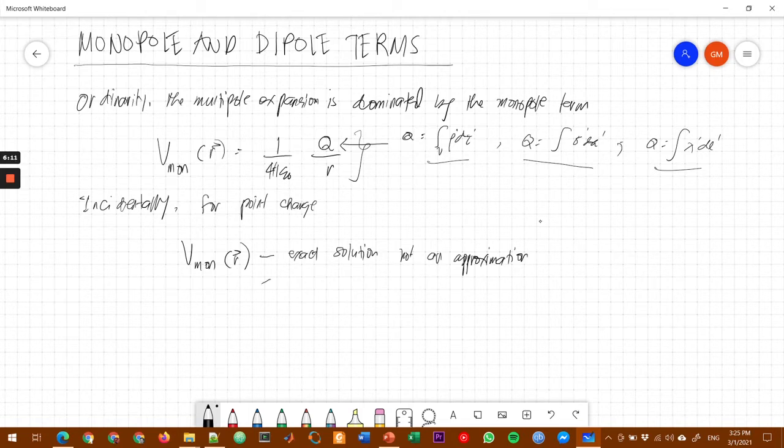So for a point charge, there is no other higher multipole. It vanishes. Okay? So that would be the case.